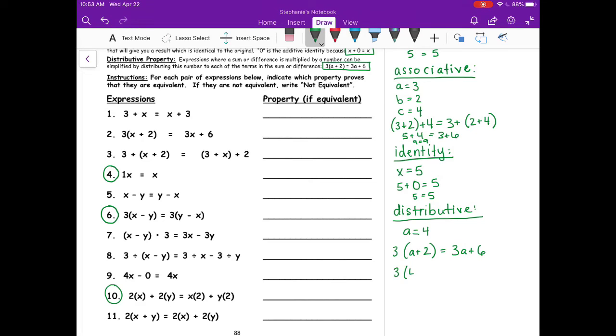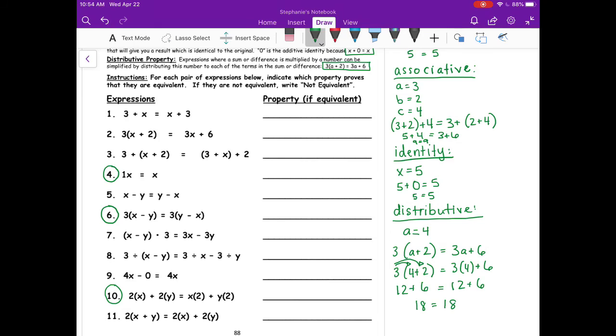Let's go ahead and plug in 4. Draw my little arrows to remind myself I'm distributing. So I have 3 times 4 is 12, plus 3 times 2 is 6, equals 12 plus 6. Each of them equal 18, so I know that my problem is correct.